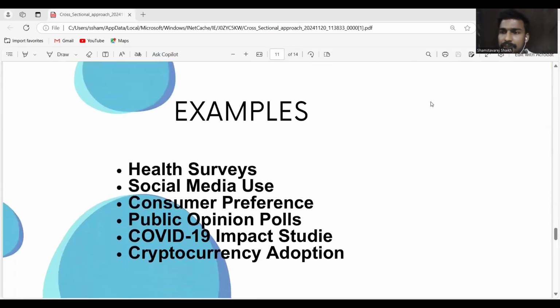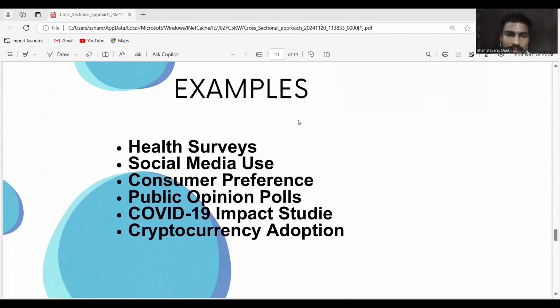These are examples where the cross-sectional approach is used: human health surveys, social media usage, consumer preference, public opinion polls, COVID-19 impact studies, cryptocurrency adoption.